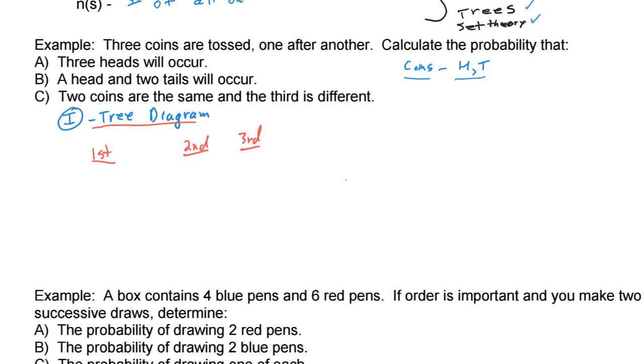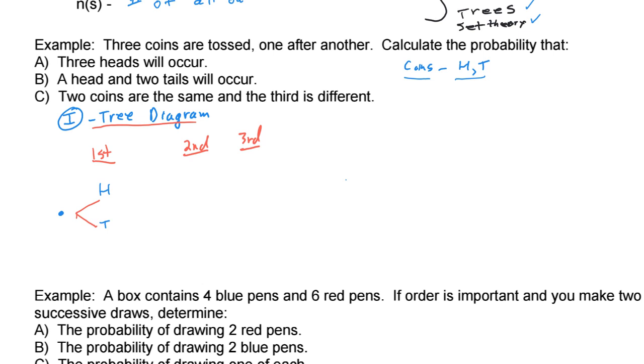So now we'll go over how this works. Imagine you're about to start your experiment. This is the root of the tree. And we flip the first coin. The first coin either has a heads or a tails. The second coin has a head or a tail for each of the possible events in the first column.